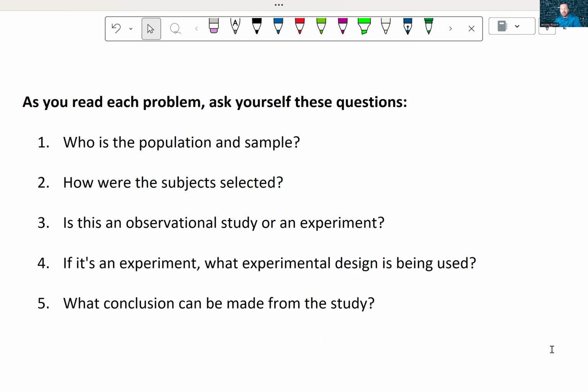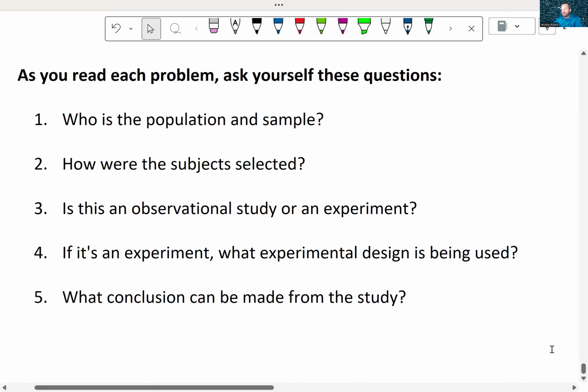The third question you should ask yourself, and this is for almost all of these questions, is this an observational study or is it an experiment? Did the researchers only observe or did they assign treatments? And then four says if it's an experiment, what experimental design is being used? So the experimental designs we went over were completely randomized, randomized block, or matched pairs.